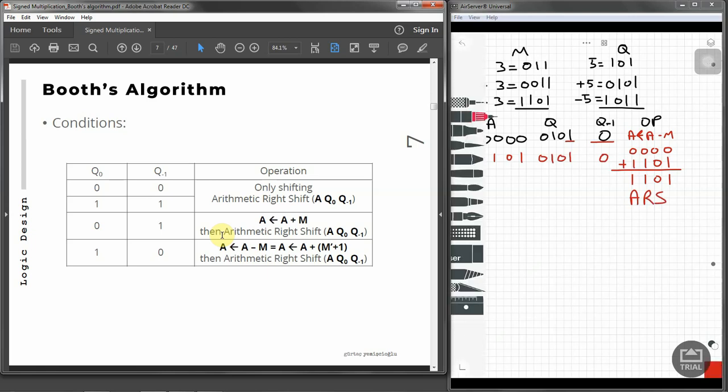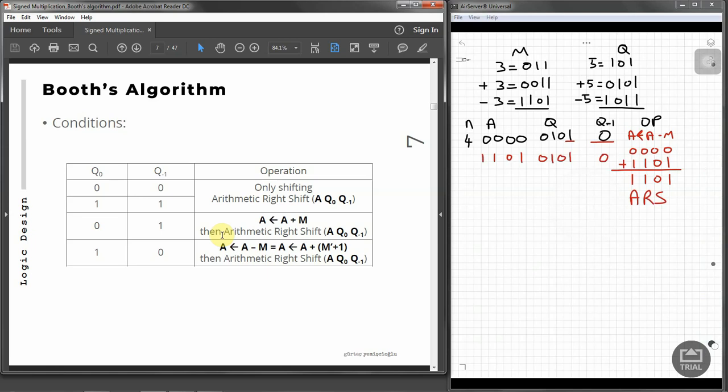Now, the next thing that we need to do is the arithmetic right shift. I don't know if you know arithmetic right shift, but this is how it is. The most significant bit stays as it is. Then that bit is also shifted, and then that will be shifted, and that will be shifted. So that's 1110.